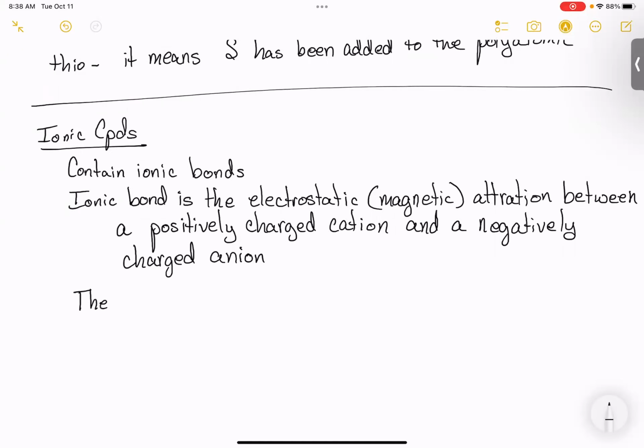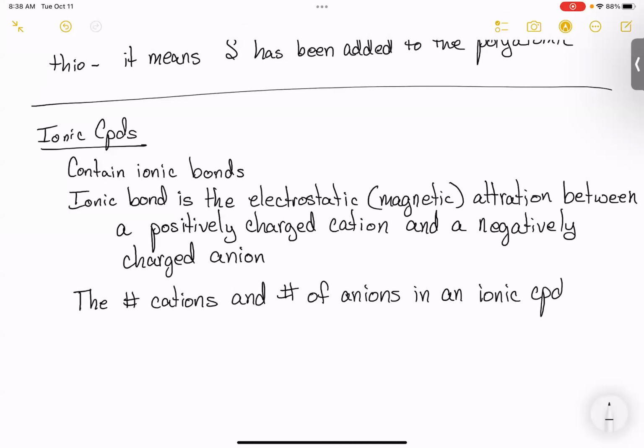The number of cations and the number of anions in an ionic compound are equivalent to the number required to make a charge neutral compound.